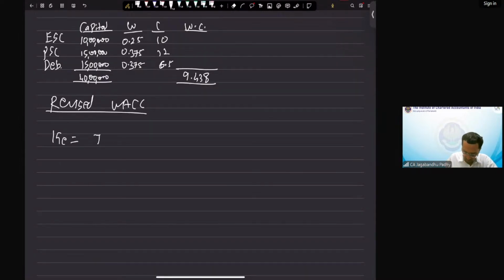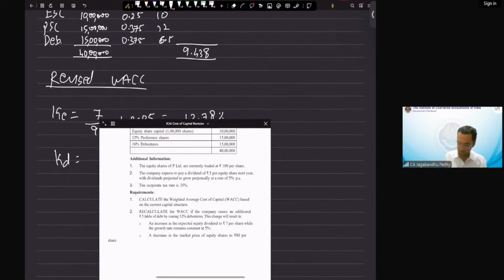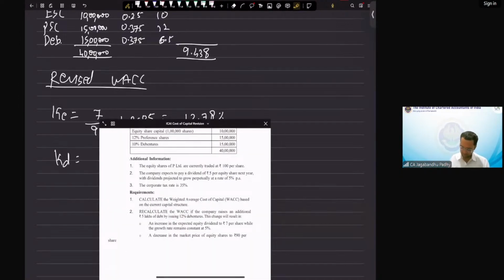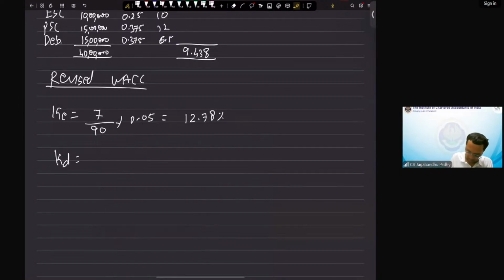Revised Ke is equal to 7 upon 90 plus the growth rate. So this is 12.78%. And the new cost of debt, because you're going to issue 5 lakh of debt at 12%. That cost of debt is going to be calculated as, what's the rate of interest? Rate of interest is 12%. So after tax, we can make it as 12 into 1 minus 0.3.